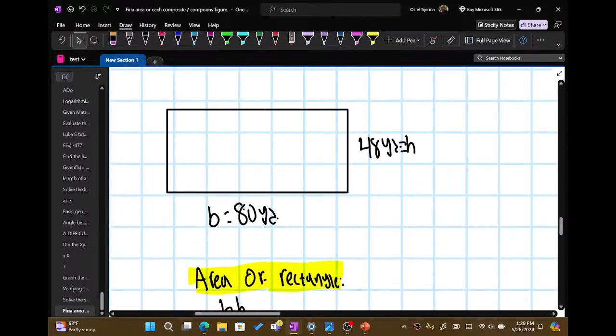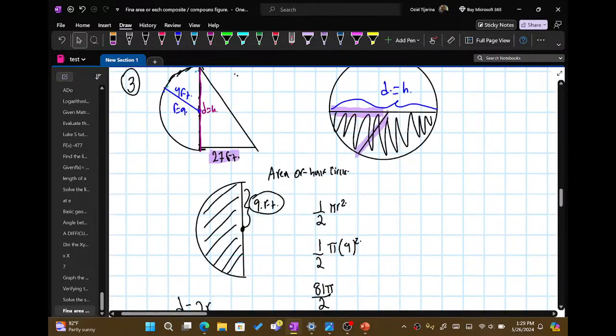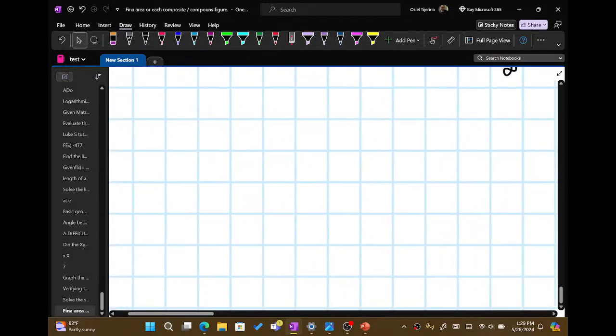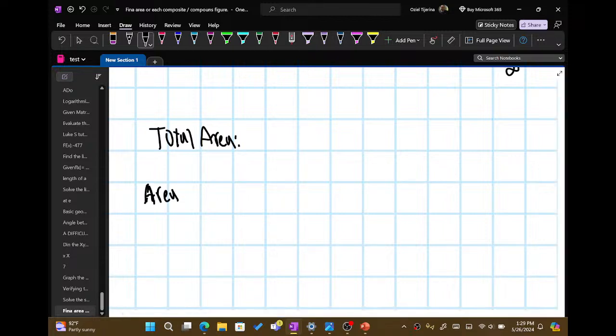Now remember that the total area is the area of half circle plus the area of the triangle, or right triangle if you want to call it that.